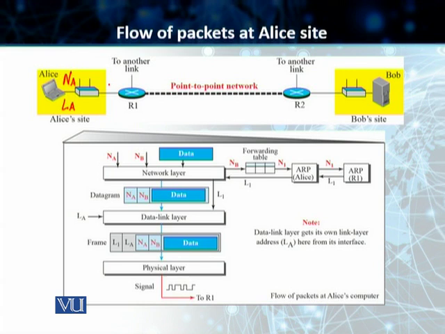The router interface that is facing Alice is N1. We have got L1 here. Then we have got N2 and L2 on the other interface. Similarly, on this end, we have got N3, L3. We've got N4 and L4, IP address and link layer address. And then for Bob, we have got NB and LB.